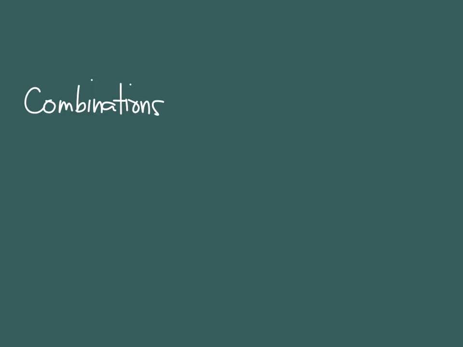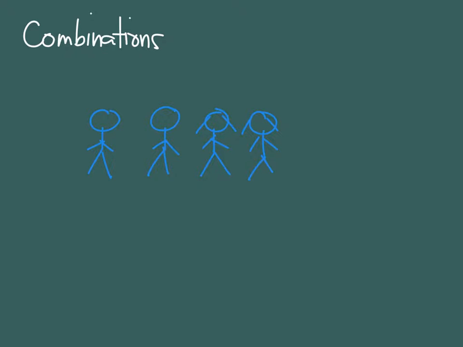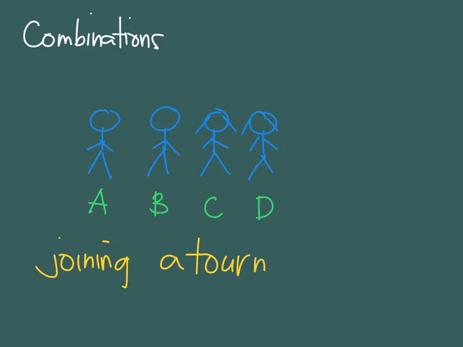So for instance, say we have four people: person A, person B, person C, and person D. Suppose this group of people are members of a varsity team, and they were invited to join a tournament, or they received an invitation to join a tournament.